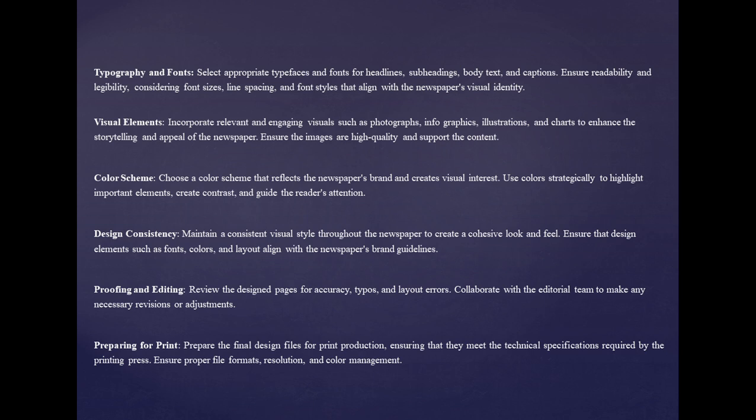Design consistency. Maintain a consistent visual style throughout the newspaper to create a cohesive look and feel. Ensure that design elements such as fonts, colors, and layout align with the newspaper's brand guidelines.